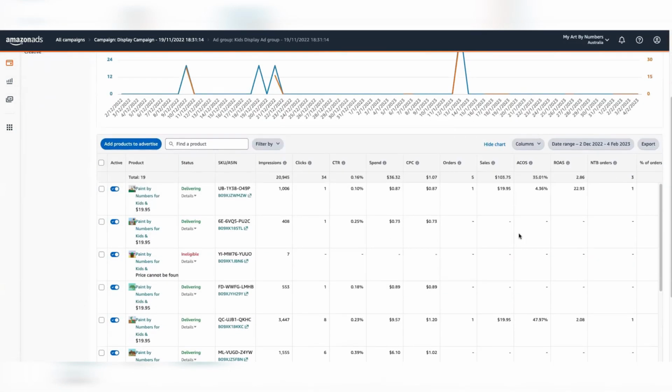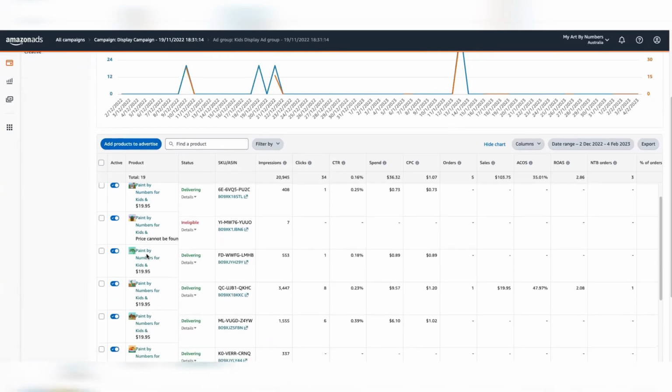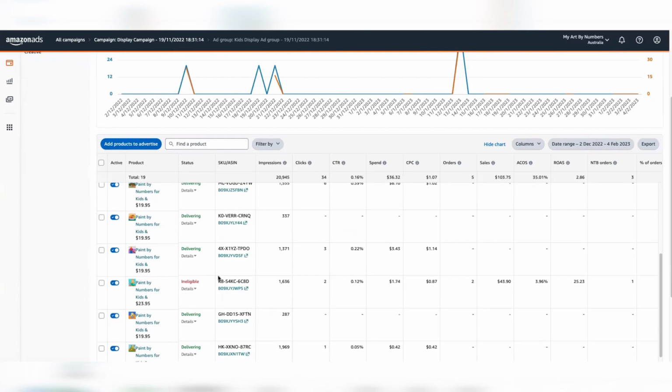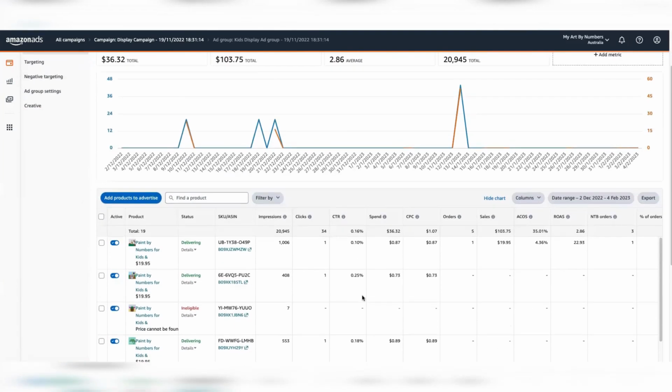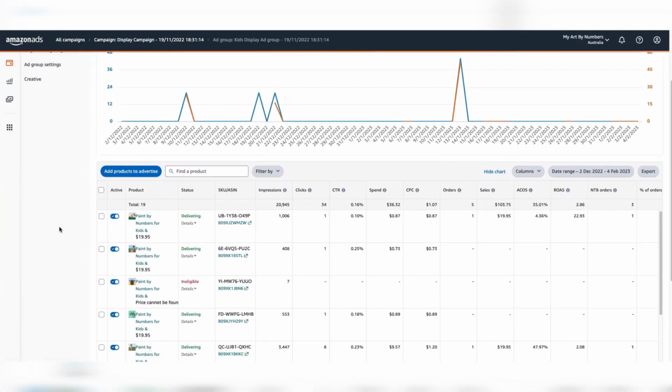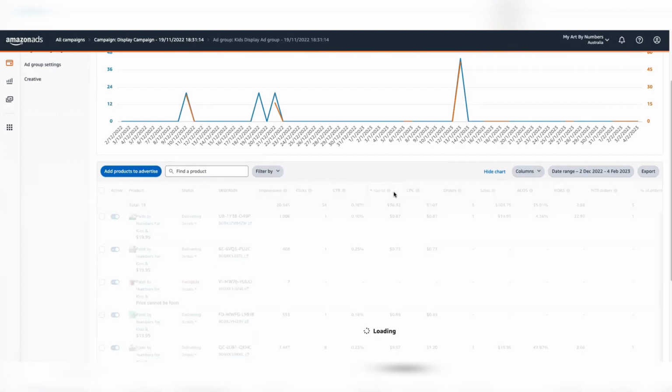And so the first thing I can see is it looks like all of the variations have been added, which is fine. You can do that in the beginning, but then once you start to get a bit of data, you want to just start to focus down, especially if the ACOS is spiking, then that's when you want to narrow down. So we can sort by spend.